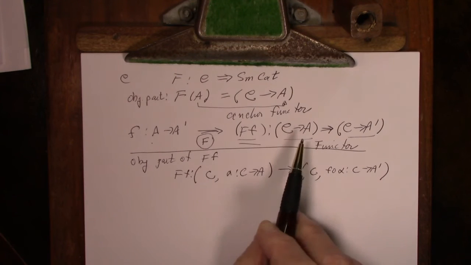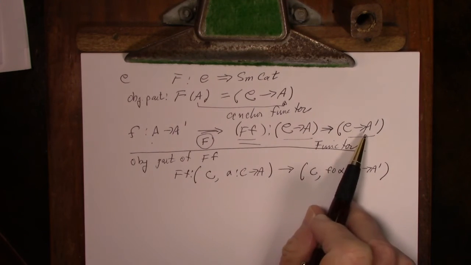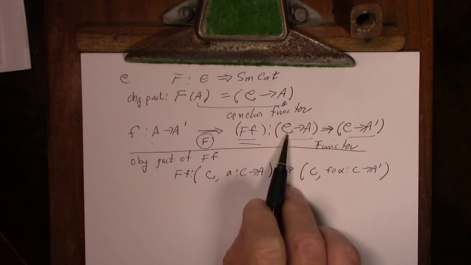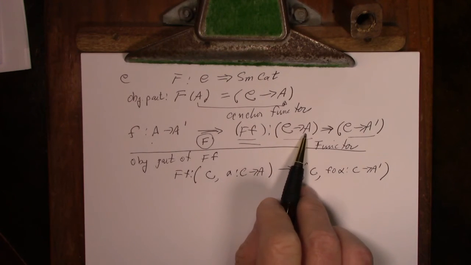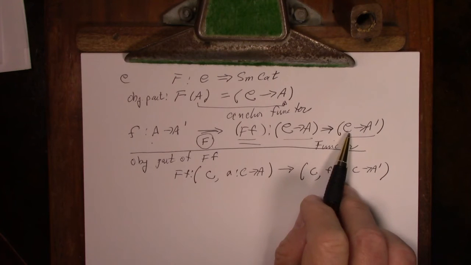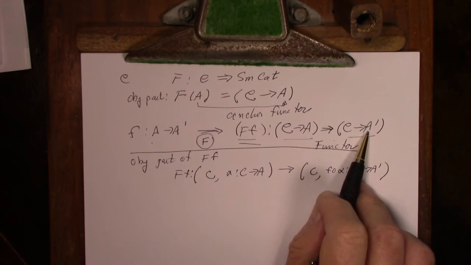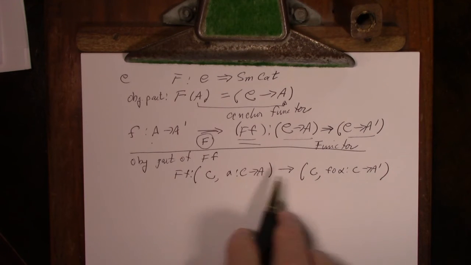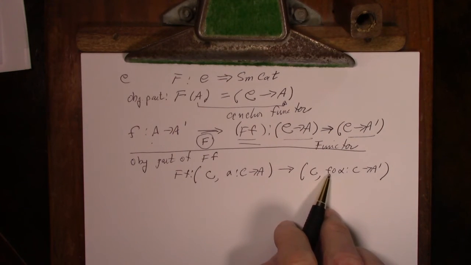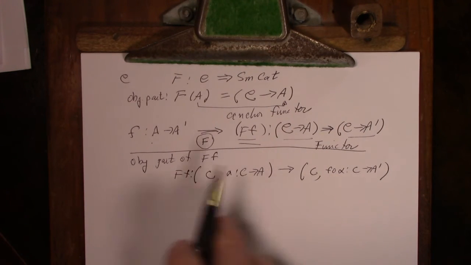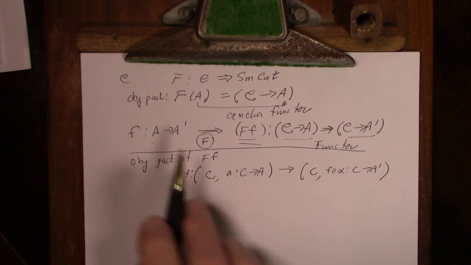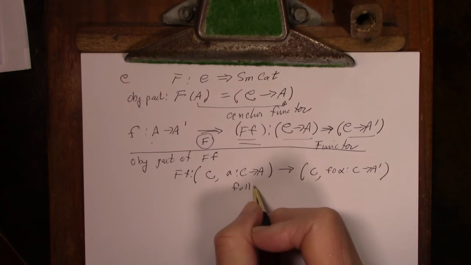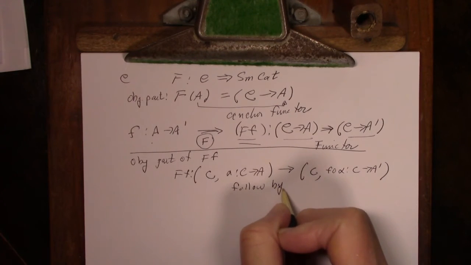Okay, we need to send an object here to an object here. So these objects are basically arrows from something into A, and these are arrows from something into A prime, and we can swap the codomains from A to A prime by following with f, which maps A to A prime. So it's essentially follow by f.